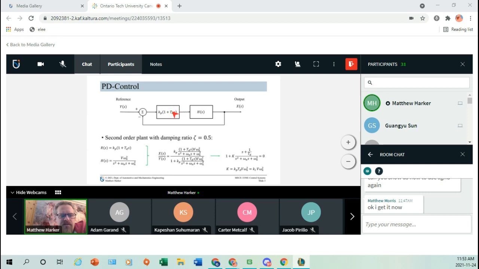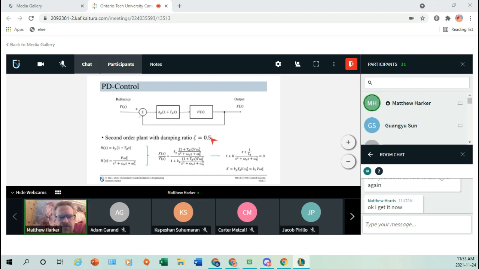So TD is essentially a time constant of our derivative term, which basically says if it's very small, we're not looking very far forward. If it's 0, essentially we have proportional control. And if it's larger, we're extending our predictive time. So that's how the TD ended up there.